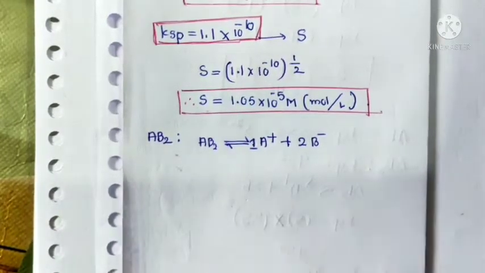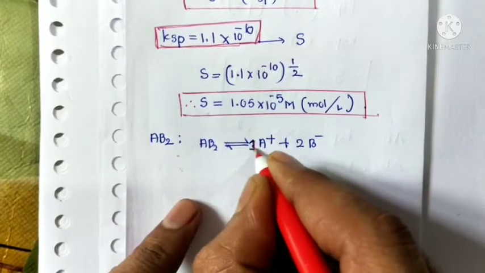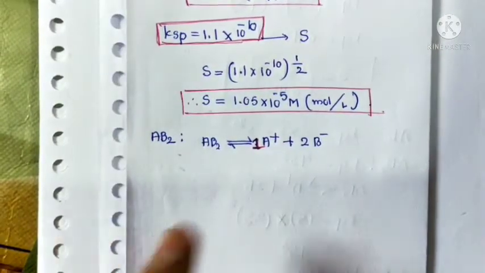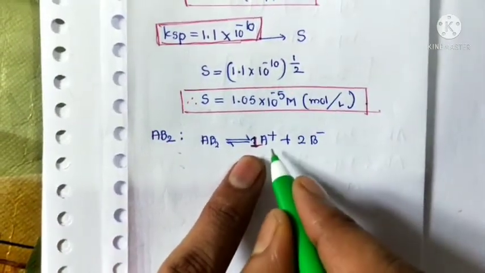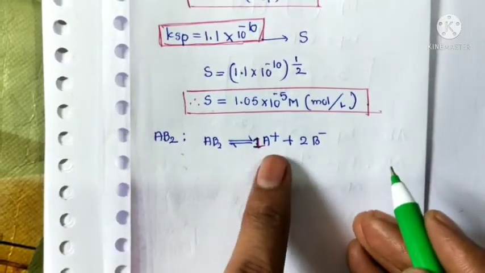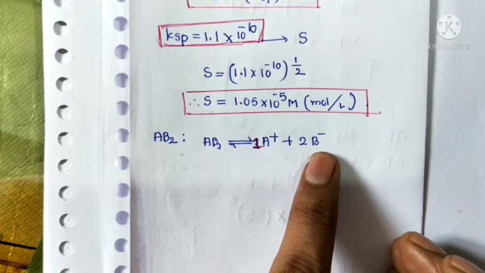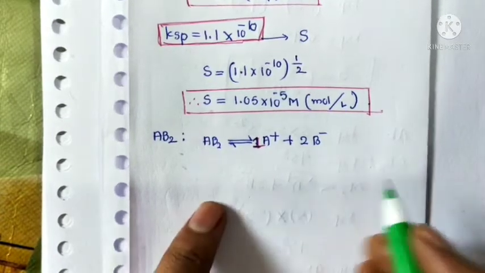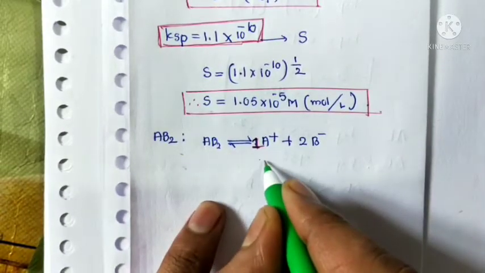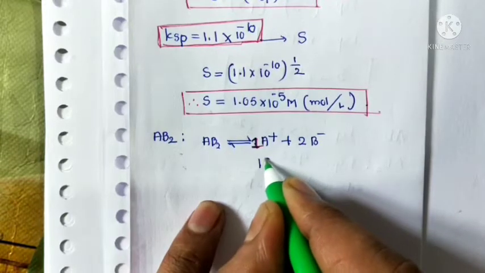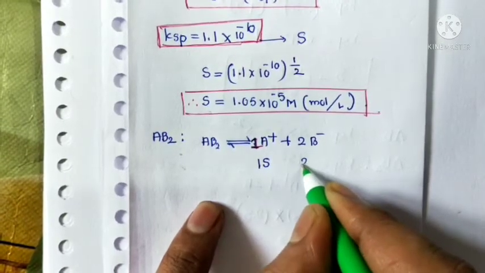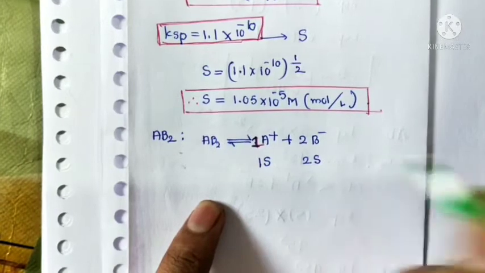So we know that the concentration of A plus ions and the concentration of B minus ions are related to the molar solubility. That's why we simply say that here it is 1S and 2S.